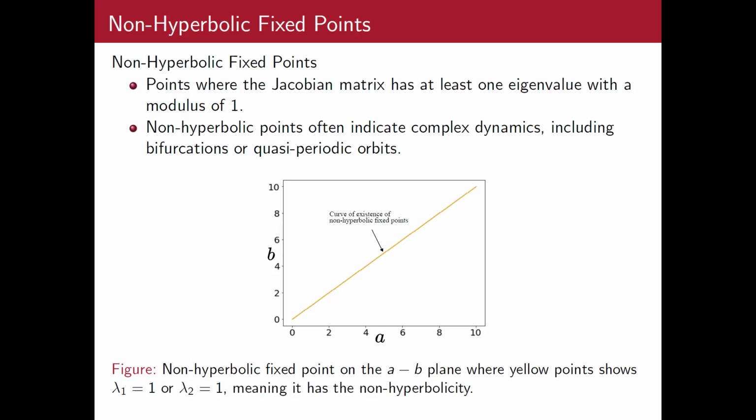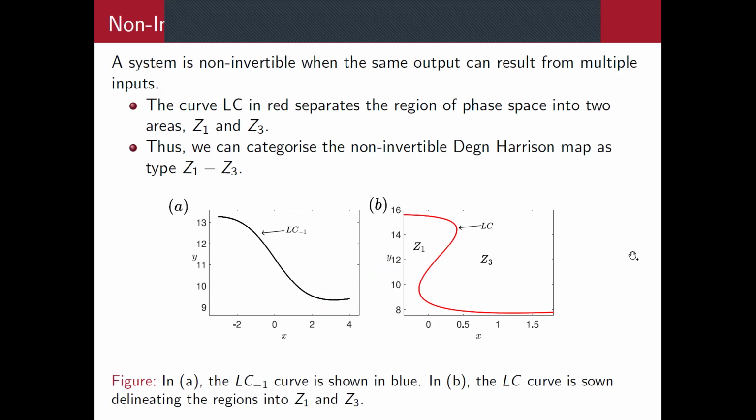Such points often indicate the onset of complex dynamics like bifurcations. And in this figure, the yellow line shows non-hyperbolic points where we need further investigation beyond linear stability. Another important concept is non-invertibility, which we will explore next.